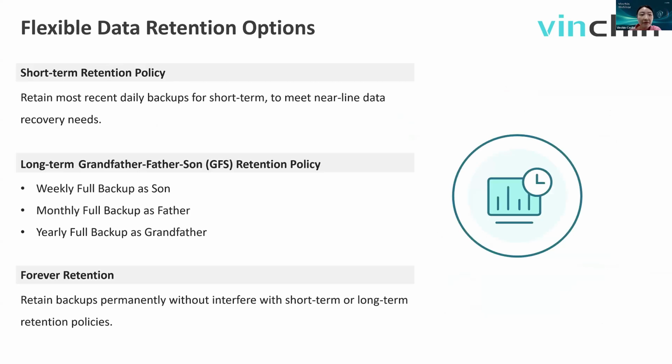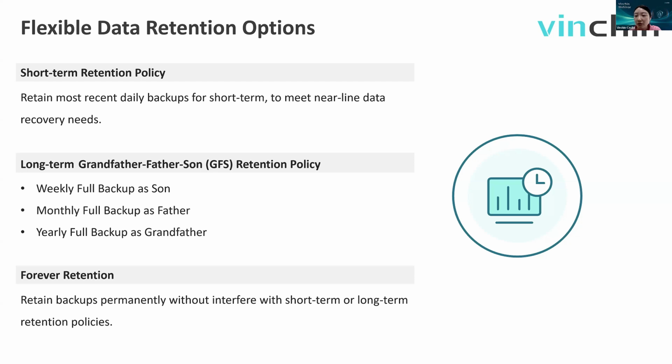And next, Vinchin provides flexible data retention options. You can choose short-term retention policy for retaining the recent daily backups to meet the nearline data recovery needs. Or if you need to retain the backup data for a much longer period, we also provide the long-term retention policy, also known as the very famous GFS, grandfather, father, son retention policy.